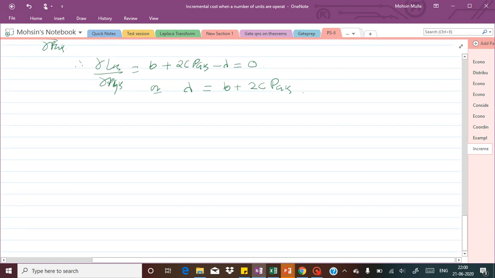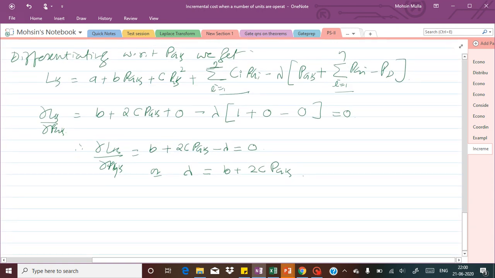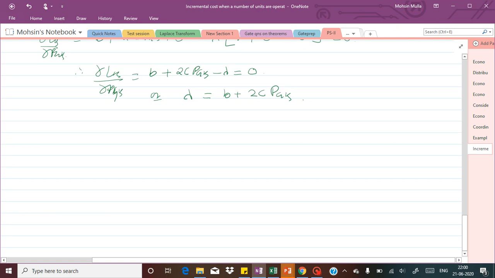Similarly we can try it for some other unit, say the mth unit.